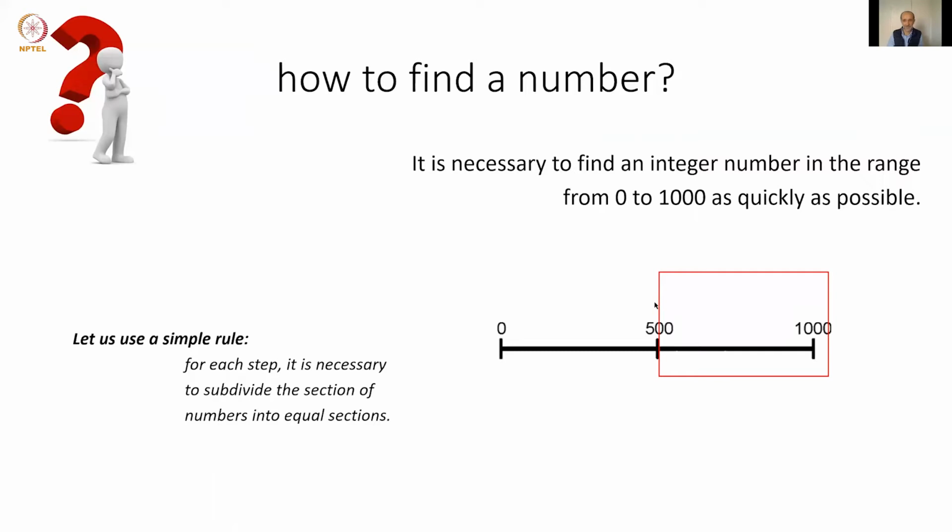This number is from 15 to 31. Good. Okay. So the seventh question: is the number you're thinking less than 22? Yes, it is. Okay.